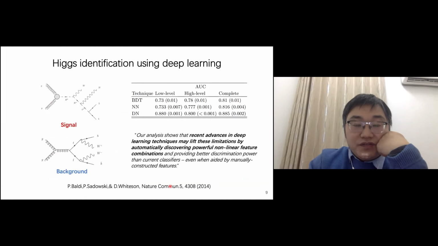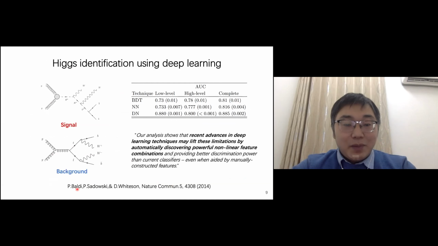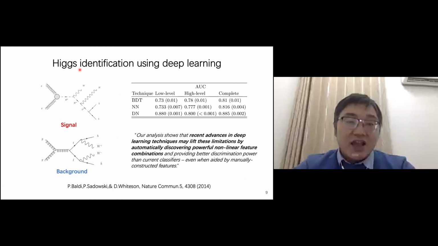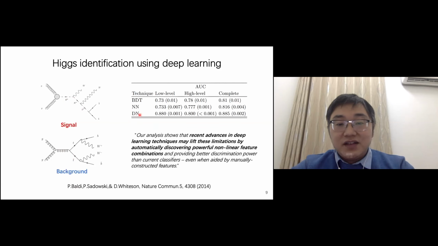In 2014, there is a very famous paper by Baldi. They used a deep neural network, or deep learning, to do this Higgs identification. As you can see in these two processes, they produce the same final state output with different intermediate stages. One with the Higgs signal, one without Higgs. What's interesting is that they found that a deep neural network with low-level features actually gets higher prediction accuracy than a shallow neural network even with high-level features aided by manually constructed features.